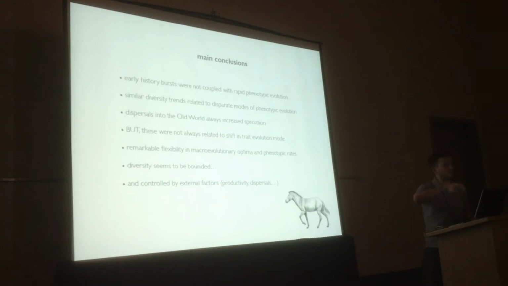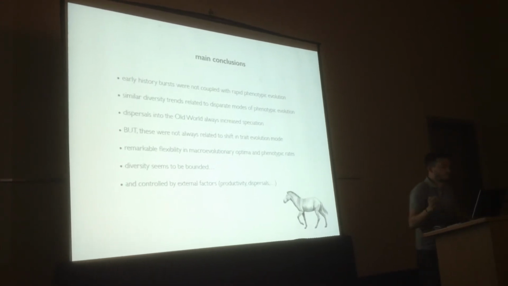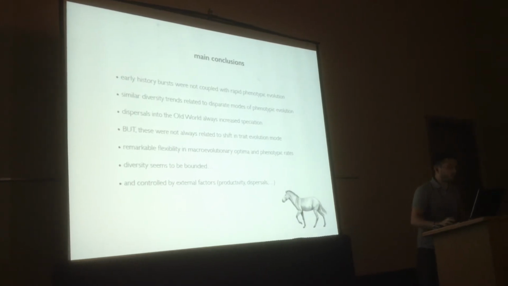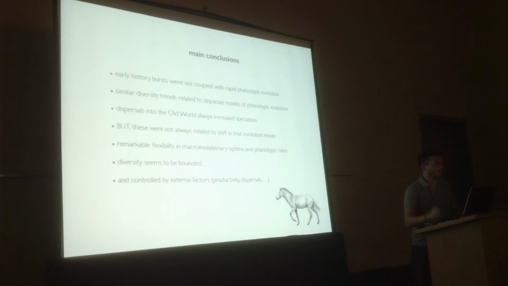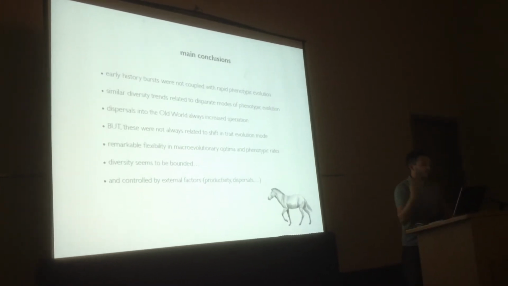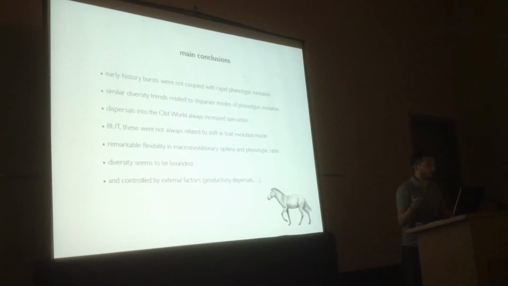Similar diversity trends, these logistic growths that we saw, are related to completely disparate models of phenotypic evolution. Also, that dispersals into Eurasia and Africa always increase speciation, no matter what.